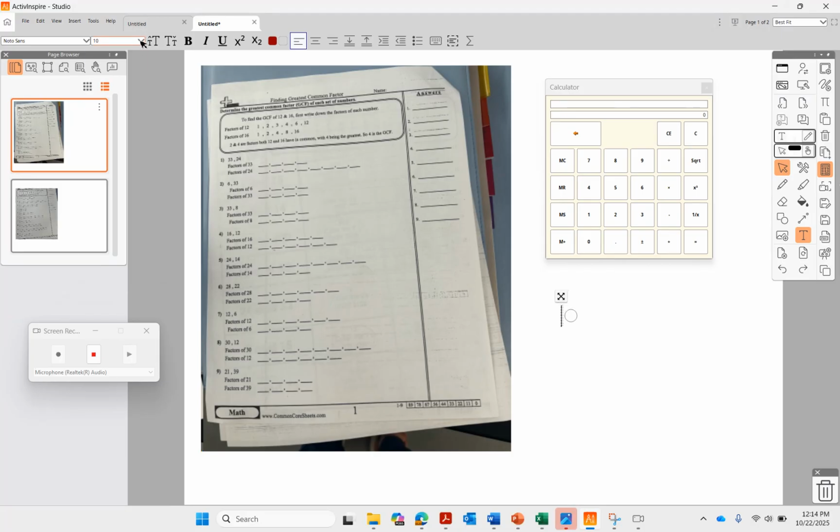The GCF, which is greatest common factor, are the numbers that multiply to get the number you asked for.